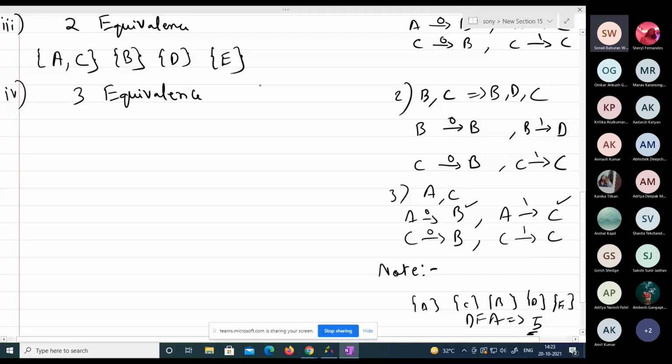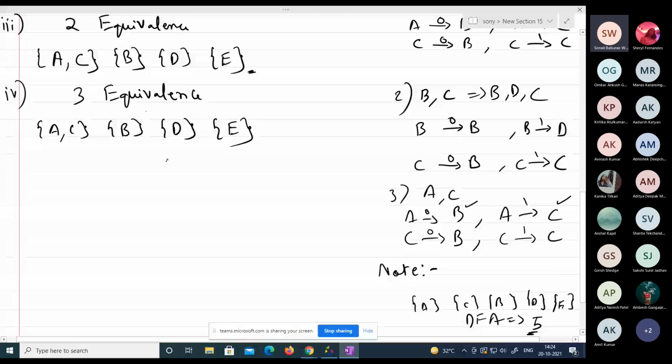I will stop here. And for third equivalence, instead of splitting that, I don't split it. I just write the same values as they are over here. Just write down the note here. It means this is your final stop, and no need to proceed further, because proceeding further will eventually take me to the same DFA.